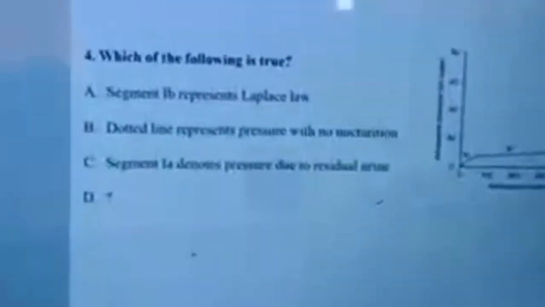Okay, so the next question, which of the following is true? Okay, so this is a diagram showing the pressure and the volume. Option A is segment 1B represents Laplace law, dotted line represents pressure with no micturition, segment 1A denotes pressure due to residual urine.